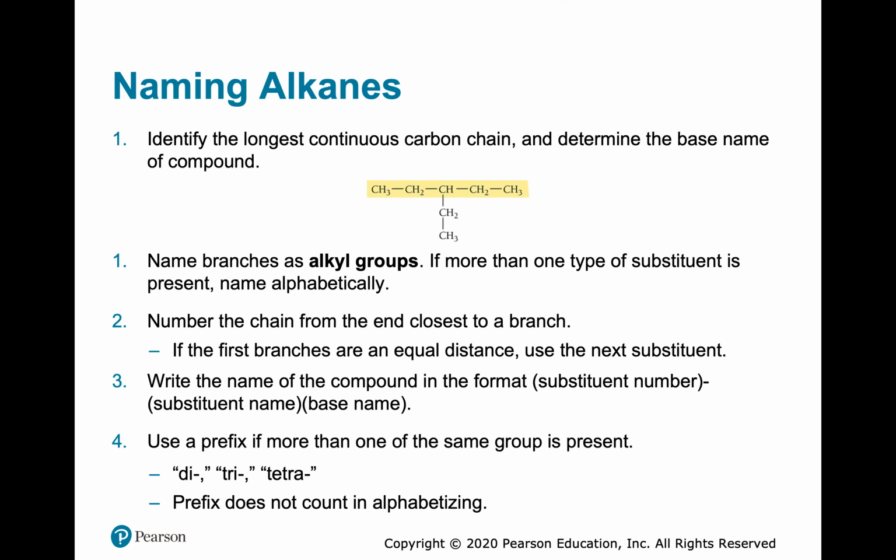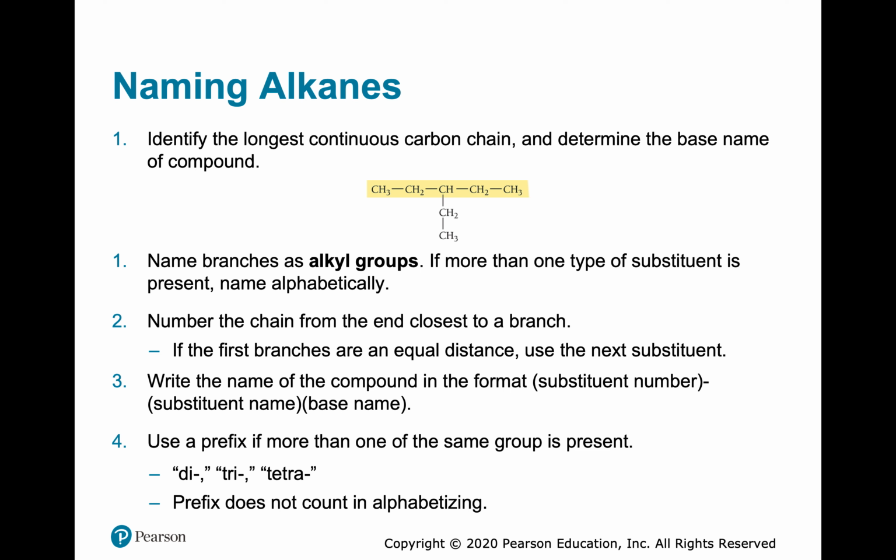So for this one, highlighted in yellow, there are 5 carbons, so this is pentane. But remember, organic chemistry is a hierarchy, and you try to get the lowest number, but in this case the carbon is in the center. The third carbon atom here has a 2 carbon chain. A 2 carbon chain is known as an ethyl group. So this would be 3-ethylpentane.